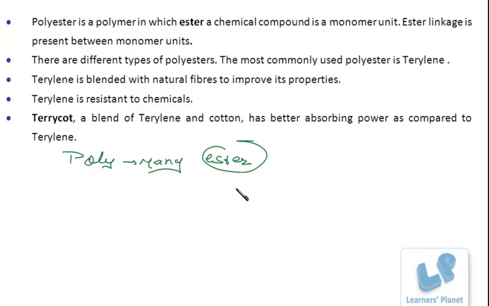As of now, listen to me, ester is a chemical substance. Don't go deep into its structure. I will draw it for you: RC. So these ester units are linked together and they form polyester.